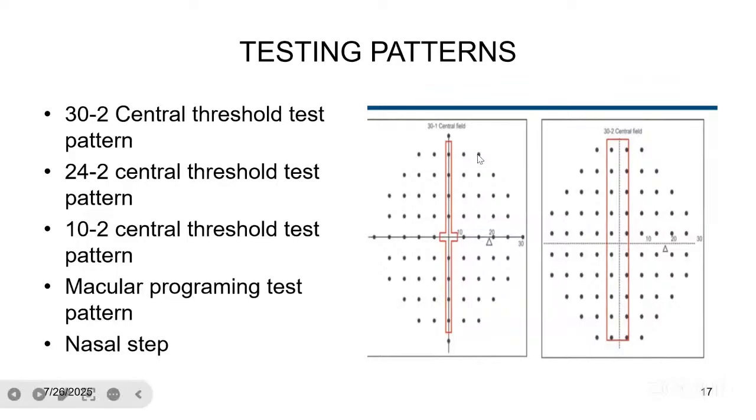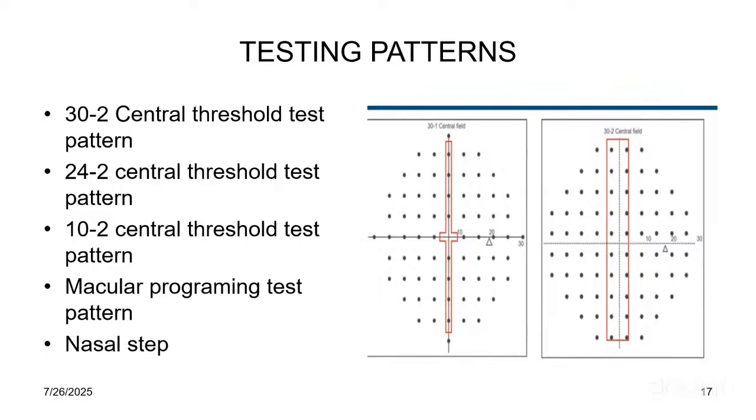In a -1 central field, some of the points are found on the vertical and horizontal lines, and that becomes difficult when you are trying to analyze the results, because for points located on the vertical and horizontal lines, you won't know which side of the field they should be attributed to.